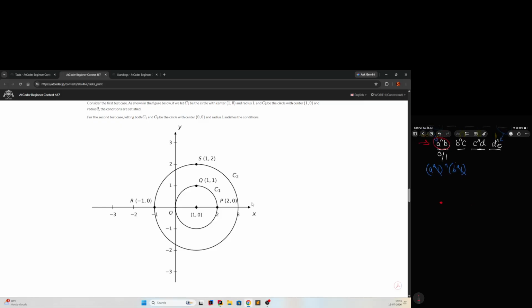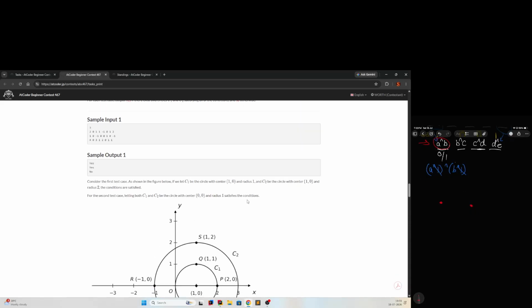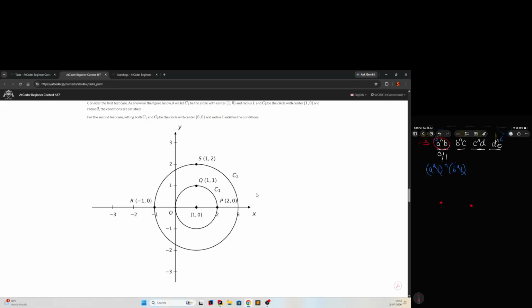So the observation here is that if this was P and Q, then these 2 points, since they lie on a circle, have to be at the same distance from the center, which is equal to the radius, right?